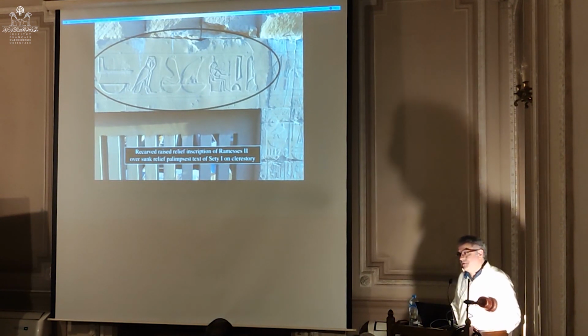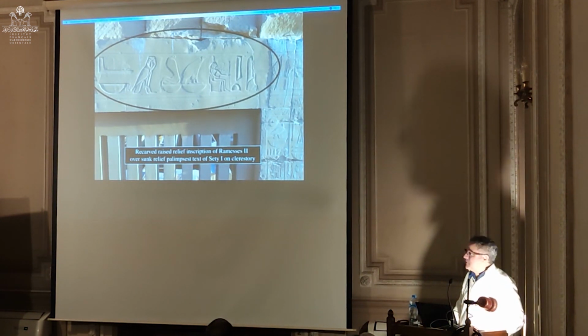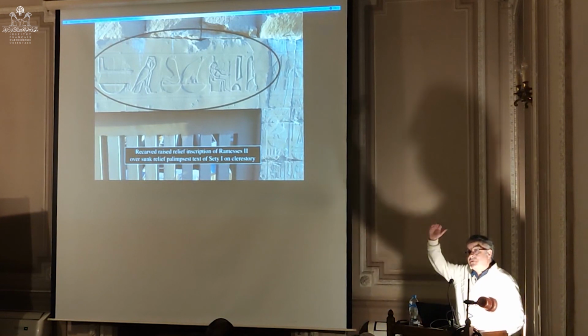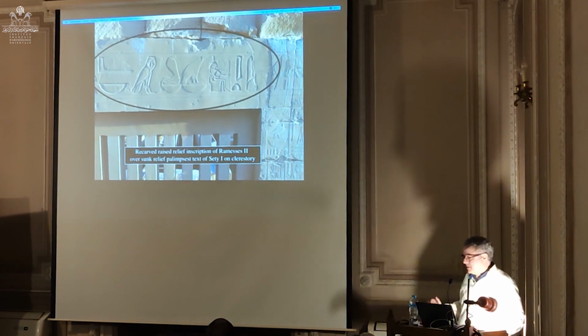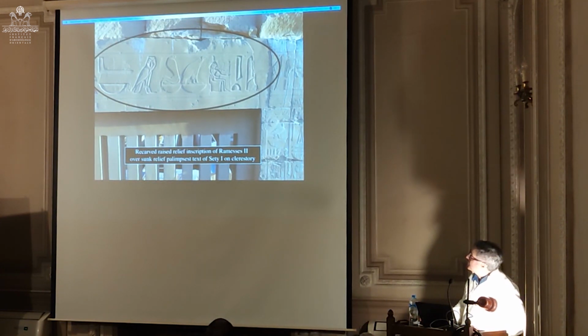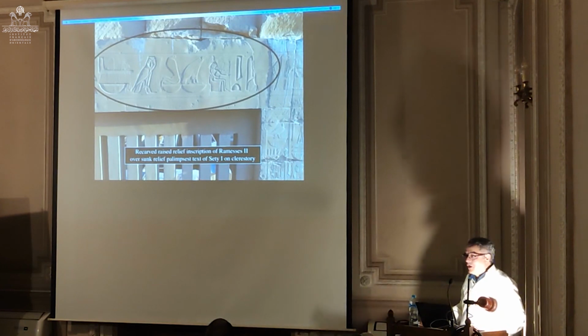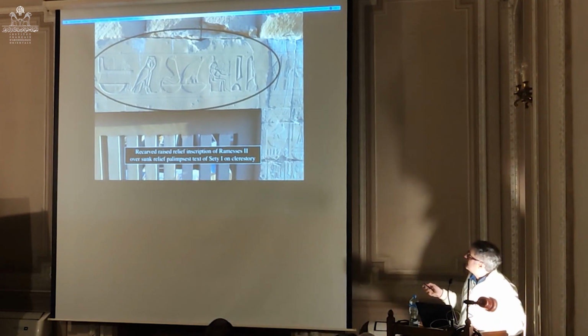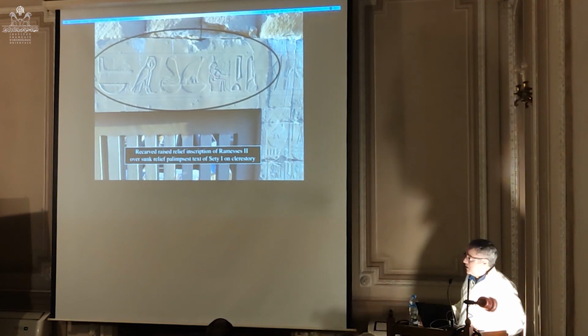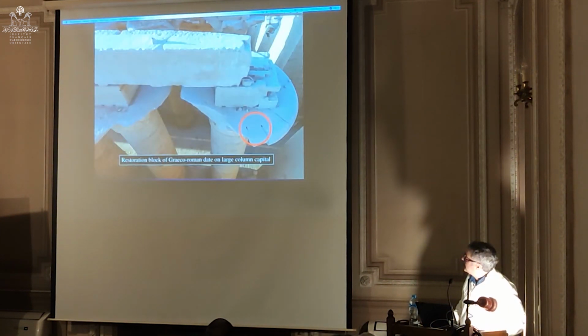So it was also possible with the drone to have close-up pictures of the clerestory that are even higher than the abaci on top of the large columns. So it is much easier then to look at original inscriptions of Seti I, and then recarved inscriptions of Ramses II on top of them.